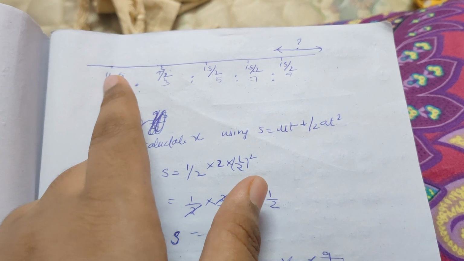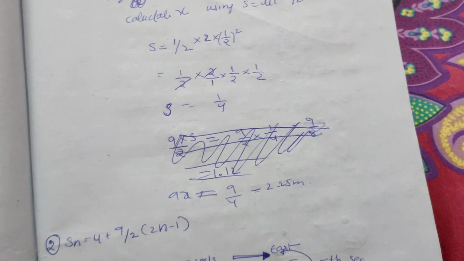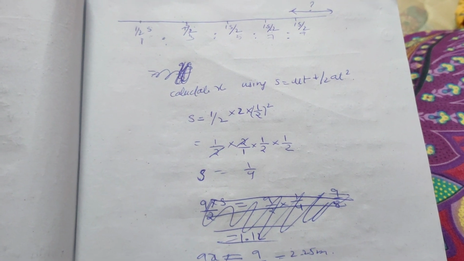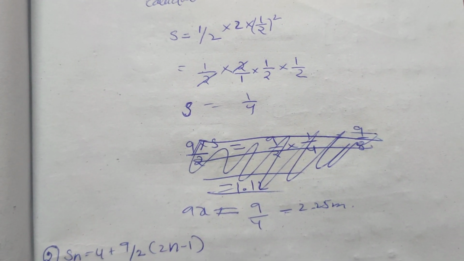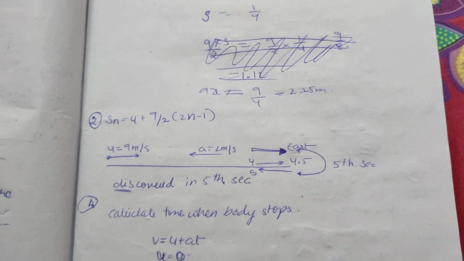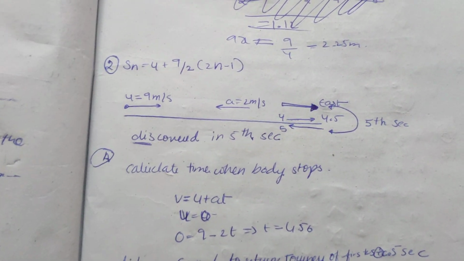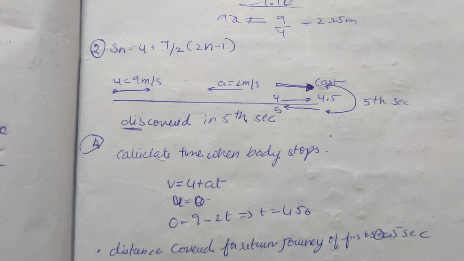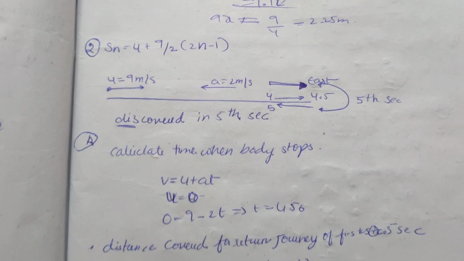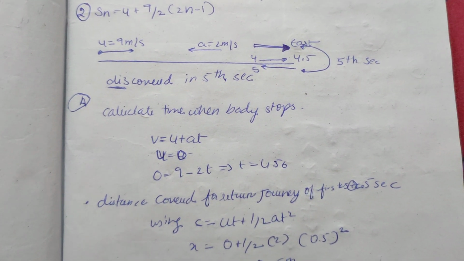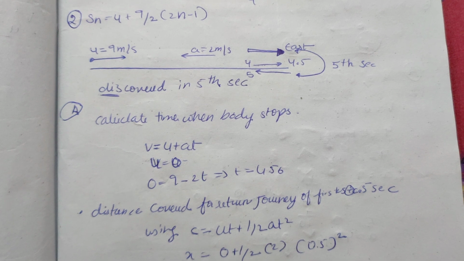So here 1 by 4 into 9 equals 9 by 4, which is 2.25, the answer. Then Sn equal to u plus a by 2 into (2n minus 1). Here you can see the situation. Then calculate the time when the body stops. v equal to u plus at, so 0 equal to 9 minus 2t, so t equal to 4.5 seconds.